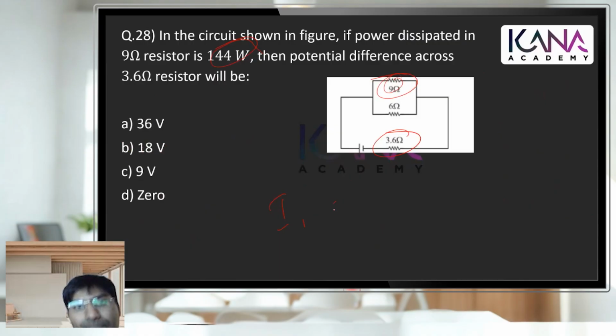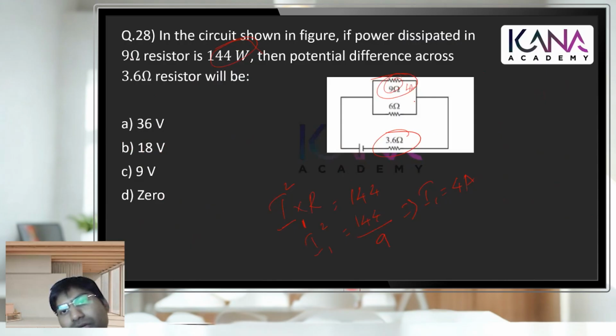So we know the power as 144. So power is nothing but I square R. So I1 square is equal to 144 by 9. So I1 will be 4 amperes.